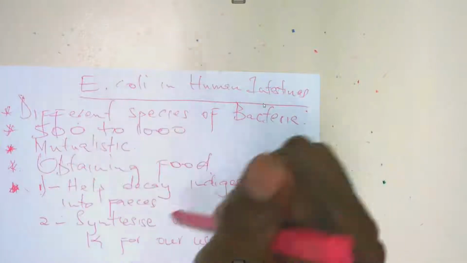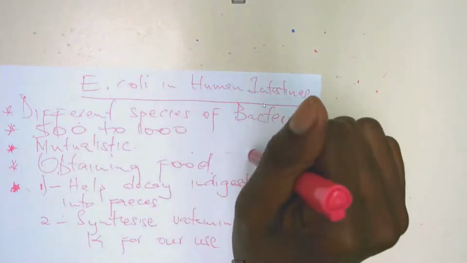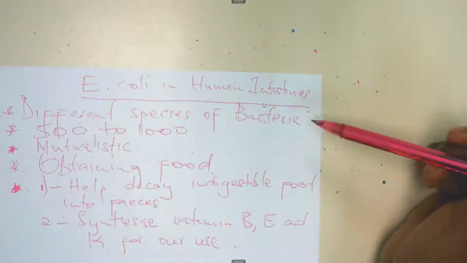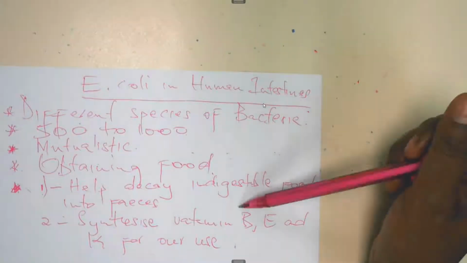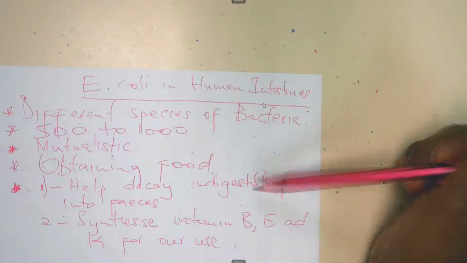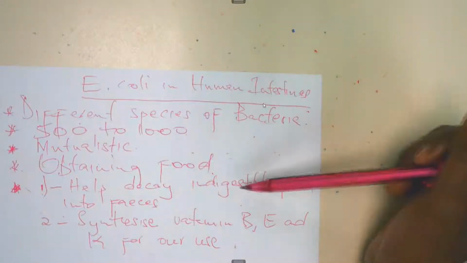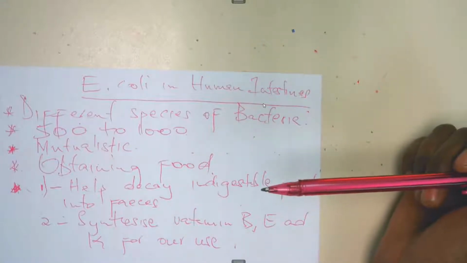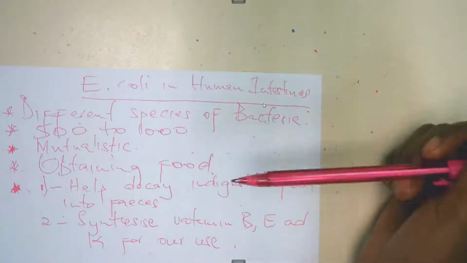The bacteria benefit from us by getting food from our small intestines, and then we also benefit from the bacteria in that they help decay indigestible food into feces, and they synthesize vitamin B, E, and K for our use.